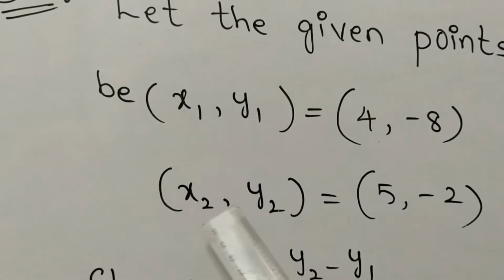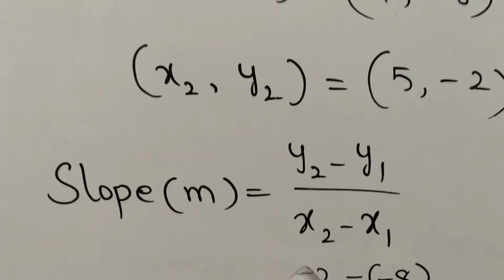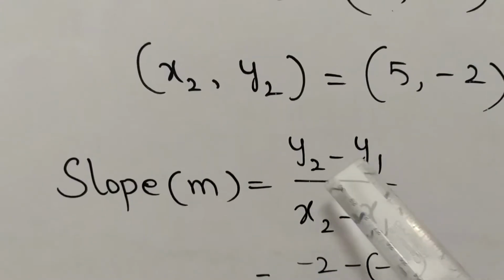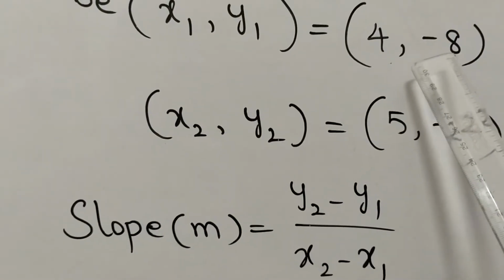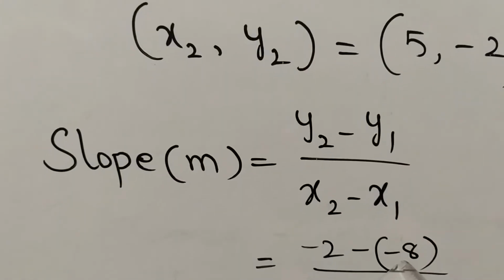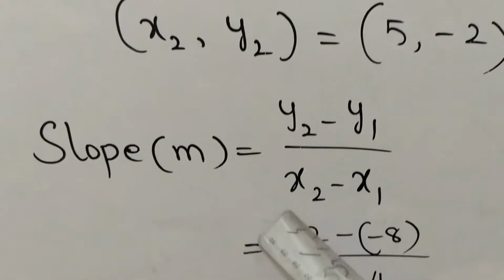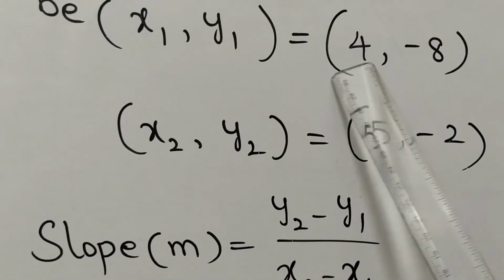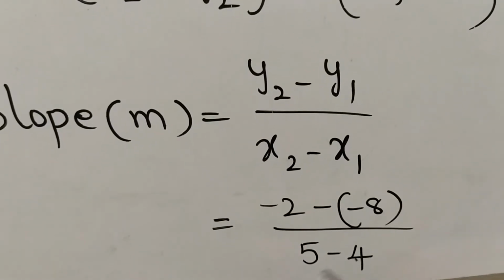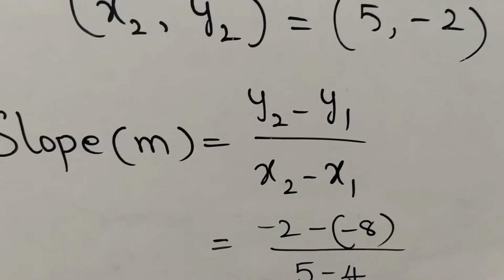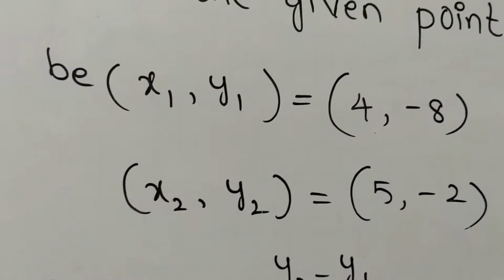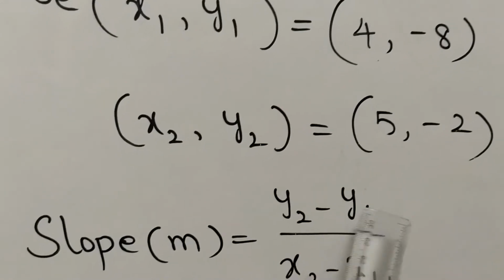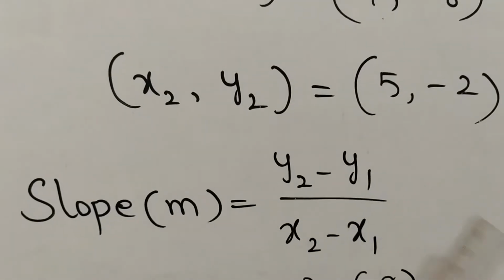Here the y2 value is minus 2, so write minus 2 first, in the middle minus is there, and the y1 value is minus 8, so take minus 8, divided by the x2 value, which is 5, minus the x1 value, 4, so write 5 minus 4. Like that you have to do the substitution. Wherever y2, y1, x2 and x1 are in the formula, write their values.